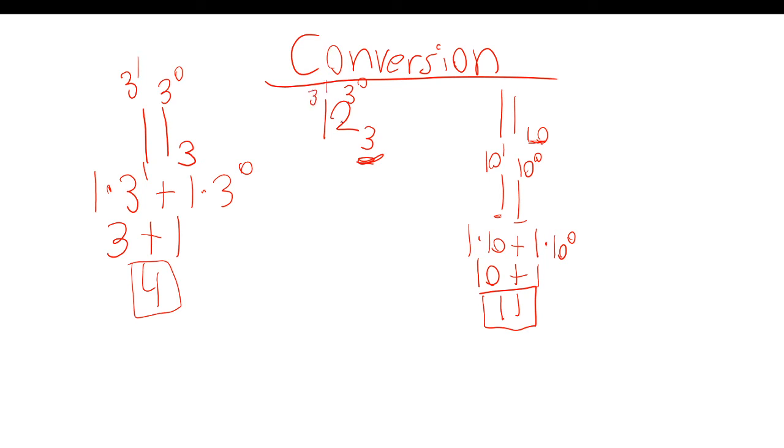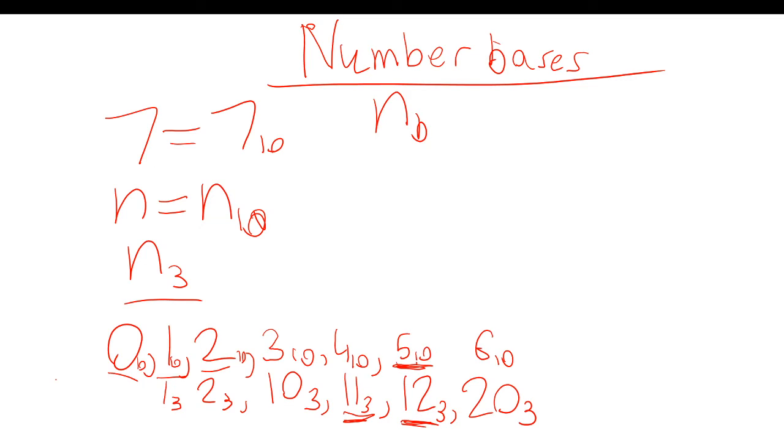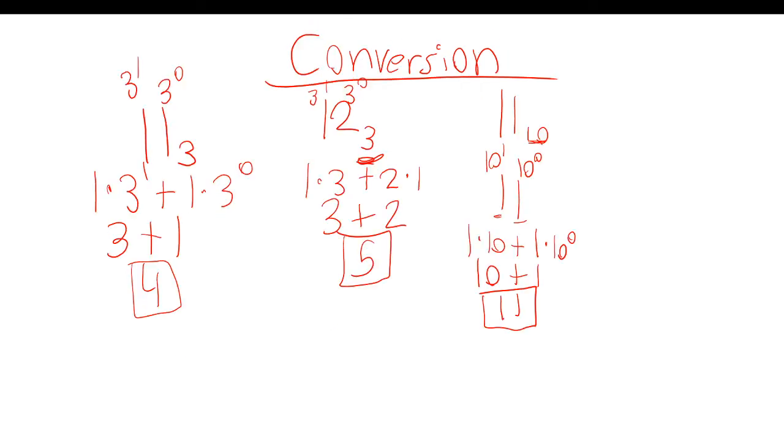Now we take 1 times 3 to the 1 is 3, plus 2 times 3 to the 0th power is 1. We get 1 times 3 is 3, 2 times 1 is 2. This is 5 base 10, in which our answer is in base 10. These are all answers in base 10.